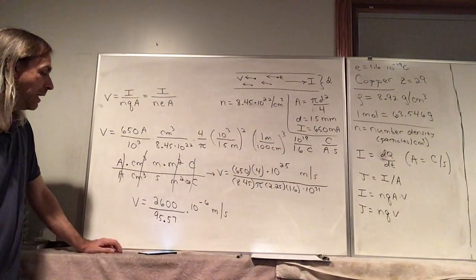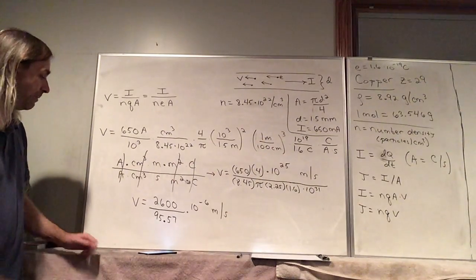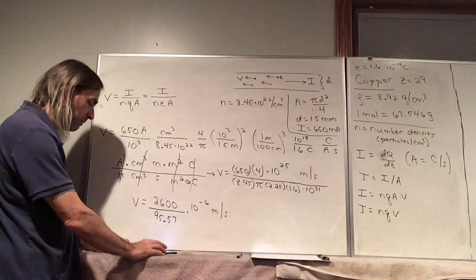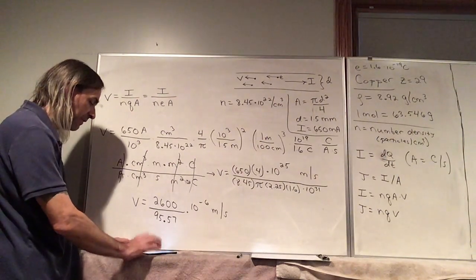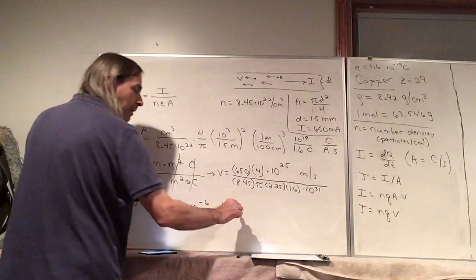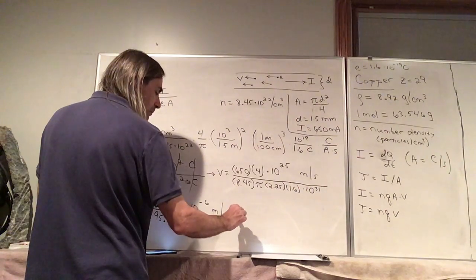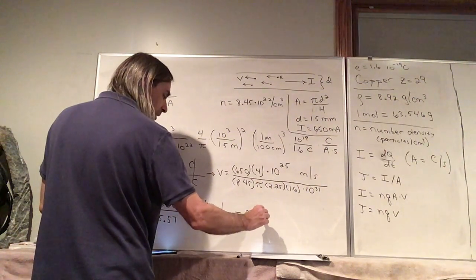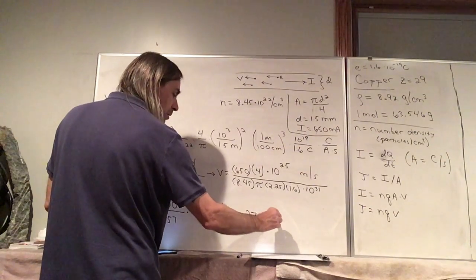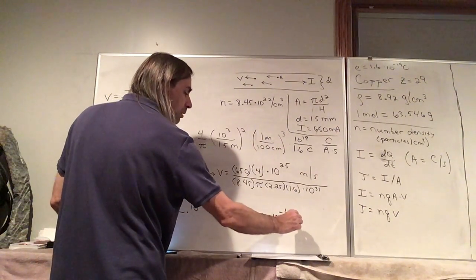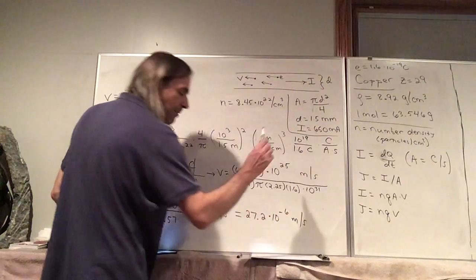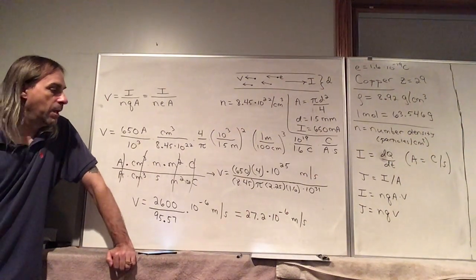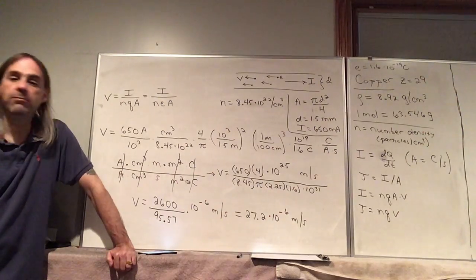So let's divide 2600 divided by 95.57, getting around a velocity of 27.2 times 10 to the minus 6 meters per second, which is extremely slow.